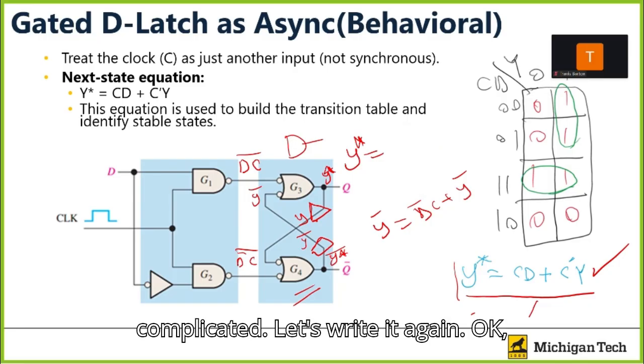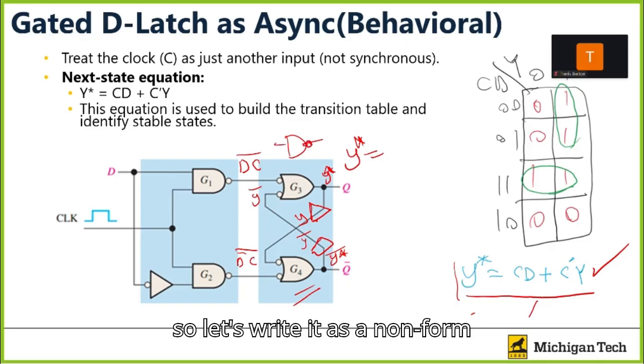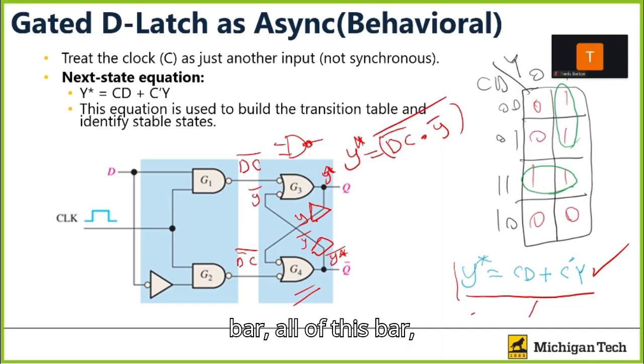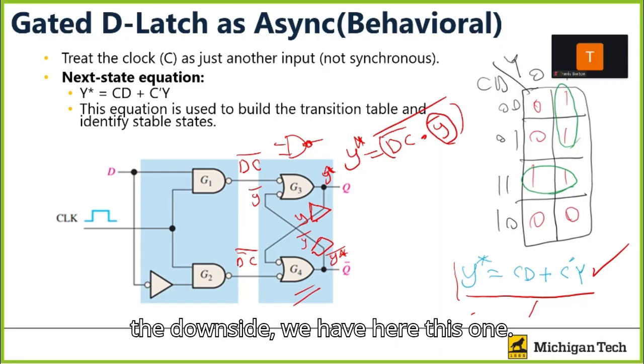Let's write it again. Let's write it as a NAND form instead of this. So y star is equal to DC bar, or with y bar, all of this bar. Okay, so this part coming from the downside, we have here this one.